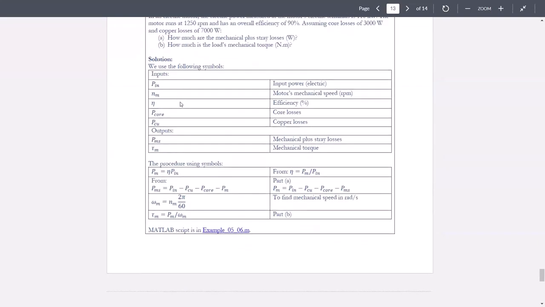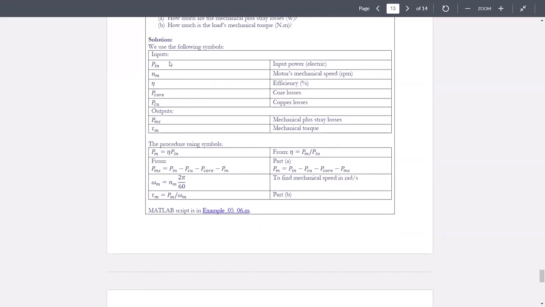So here we're having some symbols: P in, input power, nm, the mechanical speed, efficiency, core losses, copper losses, and the outputs are PMS, which is mechanical plus stray losses. This comes right from the definition of efficiency. So P output would be the efficiency times P input.